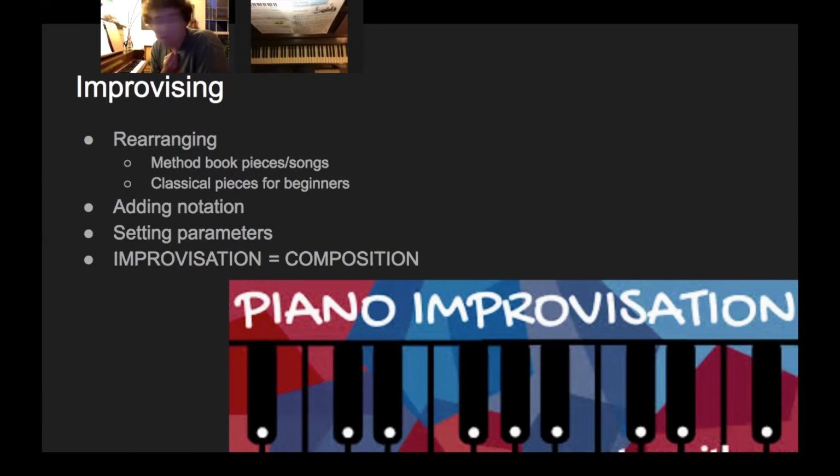And that could be as simple, with a method book song, such as, is it improvising if we're adding pedal? This is arrangement decisions right here. And editing decisions. What if we change registers?